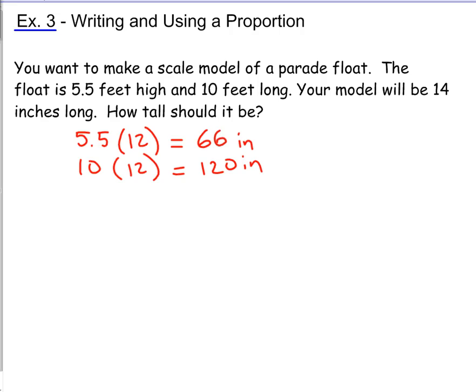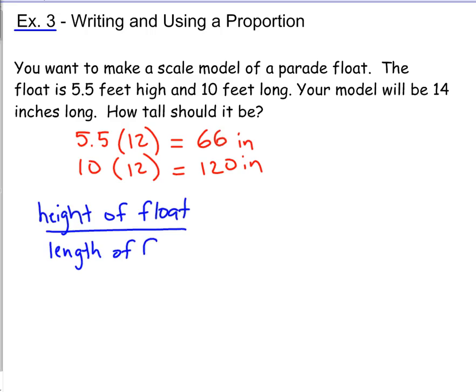Now our model will be 14 inches long, so how tall should it be? So we want to look at a proportion problem, right? So we'll say that the height of the regular float is to the length of the float as, so we'll say is equal to, the height of the scale model over the length of the scale model.